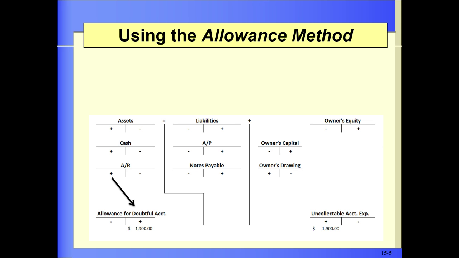At the time that we make this estimate, we're also going to enter the amount into our uncollectible account expense. We're going to be taking the expense at the time we make this estimate. This is important to understand, that we're making the estimate and taking the expense at one period in time, and later, when we need to, we will write off individual AR accounts using the allowance for doubtful accounts.